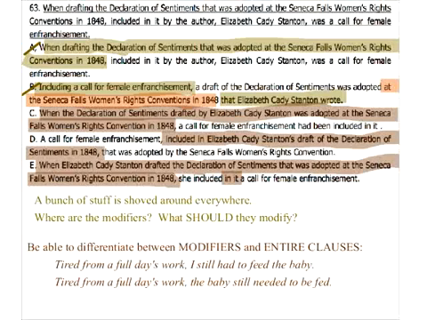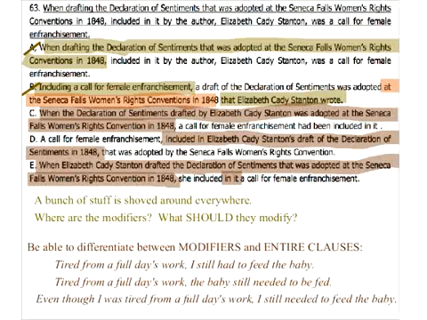And then let's look at these two. Even though I was tired from a full day's work, I still needed to feed the baby. Even though I was tired from a full day's work, the baby still needed to be fed.